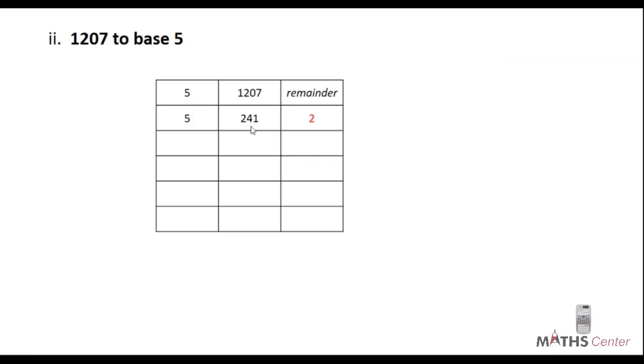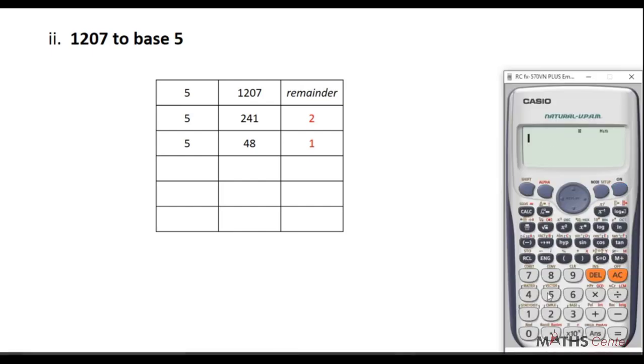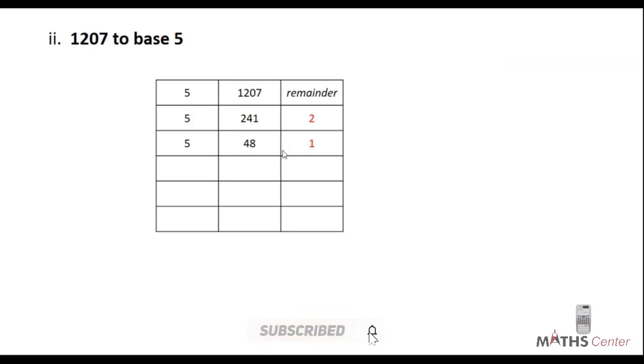So the whole number is 48. So we write 48 here. Now I'm going to show you how to find the remainder. Multiply 5 by 48. So 5 times 48, and we are getting 240. Subtract 240 from the number on top of it. So 241 minus 240, and you will see that the remainder is 1. I hope it's clear now.